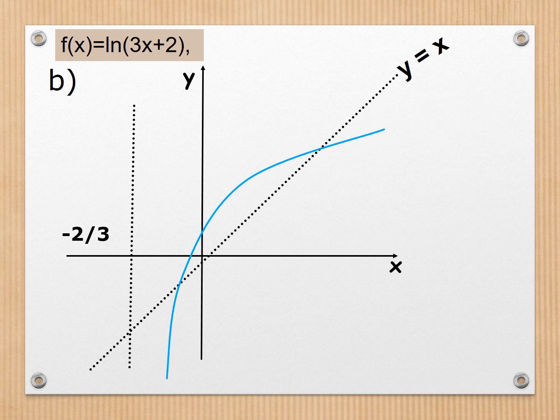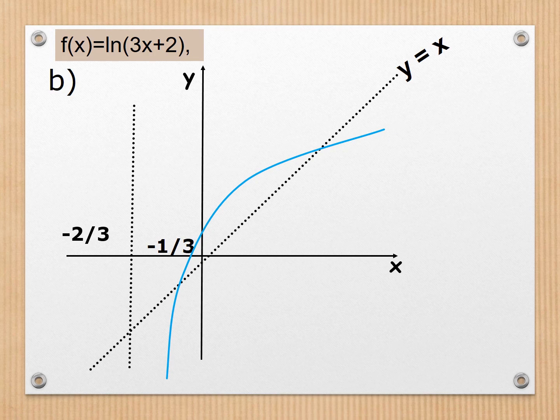Then we want to sketch f inverse on the same axis. So we need to sketch y equals x, the reflecting line. Since f(x) has x-intercept negative 1 over 3, then f inverse has y-intercept negative 1 over 3.